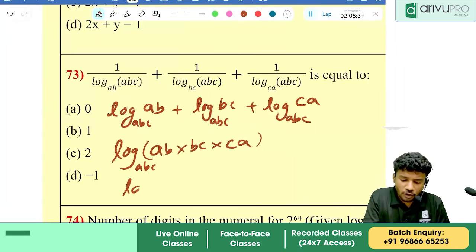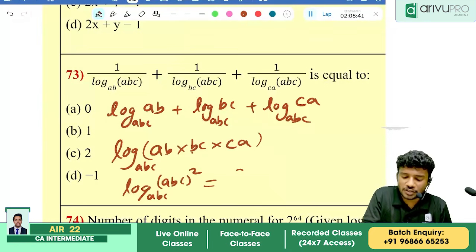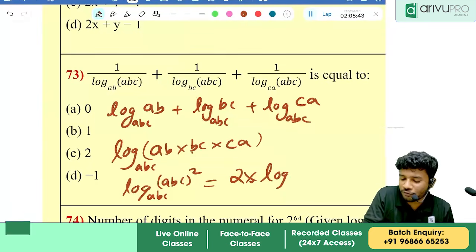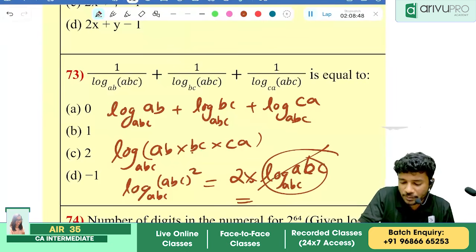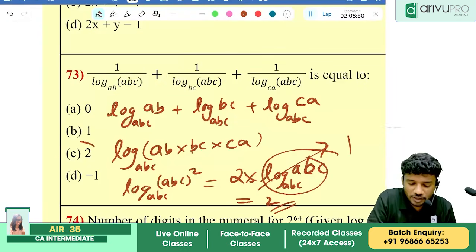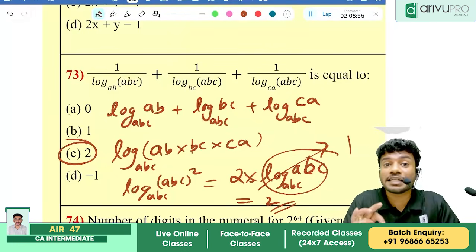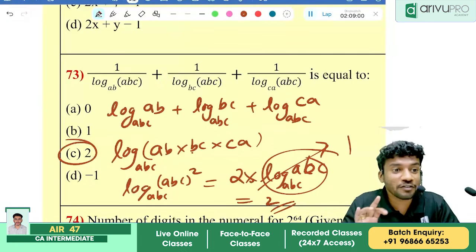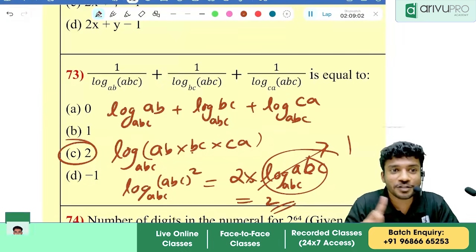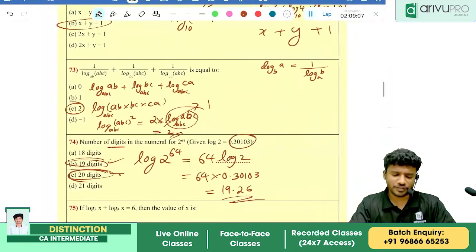Log of AB into BC into CA is log of ABC the whole square to the base ABC, which is 2 into log of ABC to the base ABC. That becomes 1, so the answer is 2. Never expect the cyclic thing in logarithm. In indices it will work, not in logarithm. If it worked properly, you would get 0, not 1. Remember that for future reference.